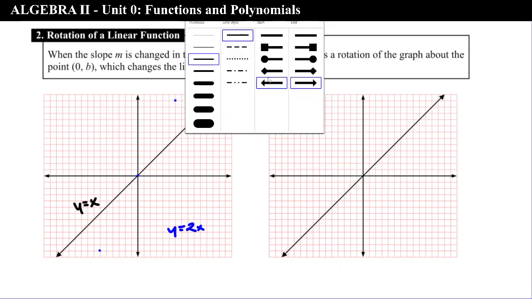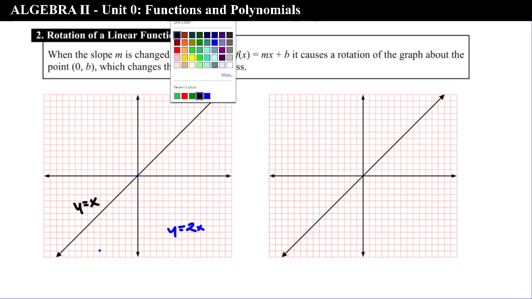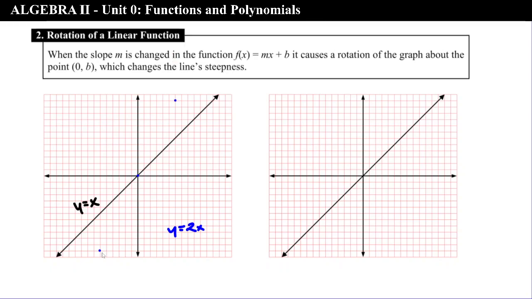But what I have is essentially like a ruler because I have this nifty device that will allow me to draw it straight. And there's our new line. So what essentially happened was we ended up with a graph that looked like it rotated this way on the top and this way on the bottom.